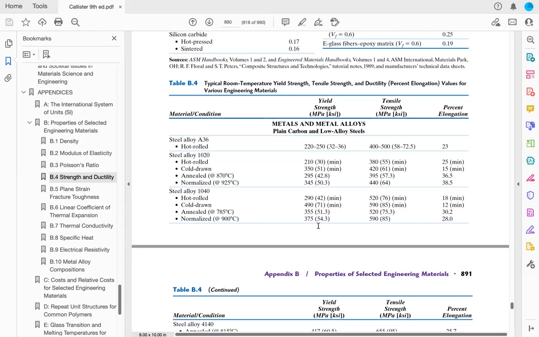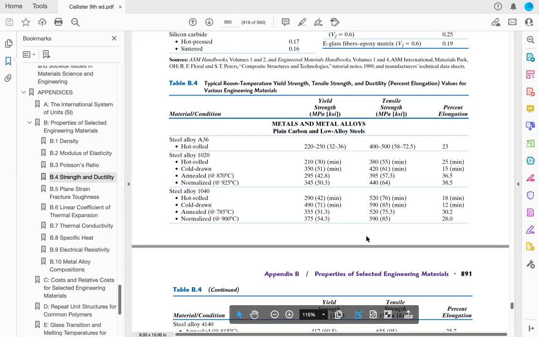With the normalized one, of course the strength is lower than the cold drawn, but we have more elongation. So it really depends on the application. Do we want cold drawn with low elongation, or do we still need some elongation because we need to shape the metal material? It depends.